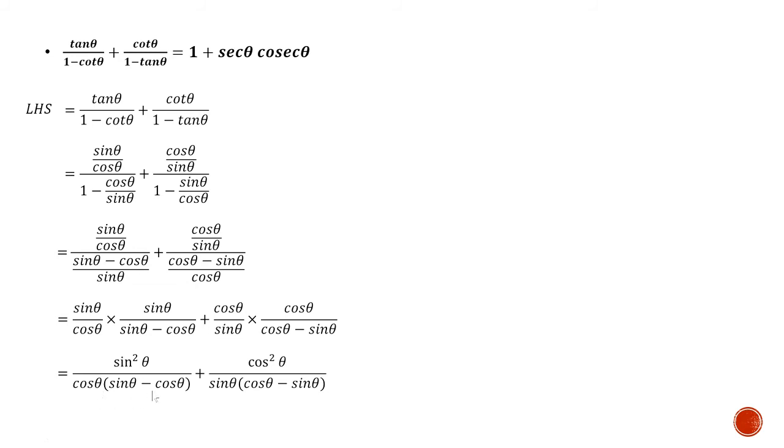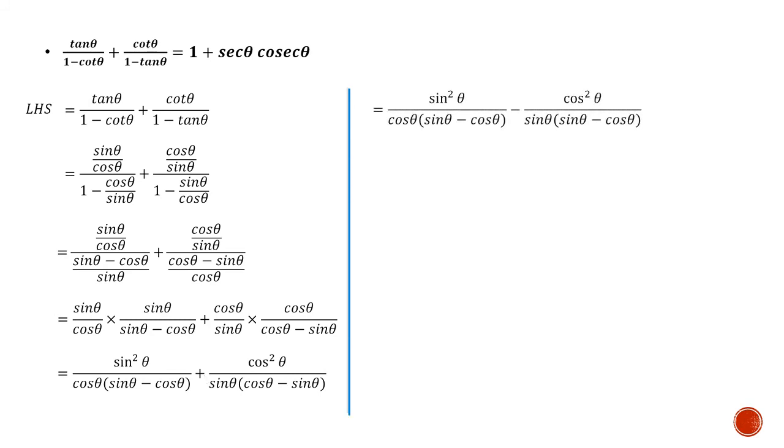Sin theta minus cos theta is available here also. The same thing is available here, but actually the terms are interchanging their positions. So I think we shall be able to take them out common, but for that we have to change this sign. I hope you can figure out that as well. So what I will do is try to make the brackets equal first of all, by changing the sign in the middle.